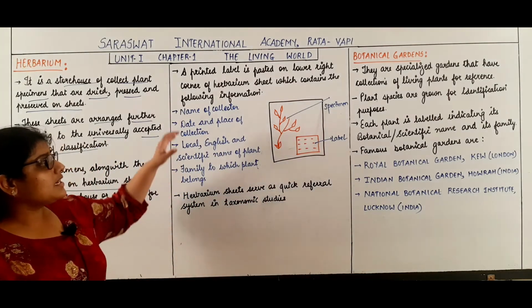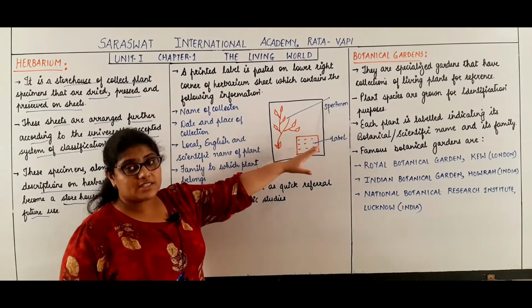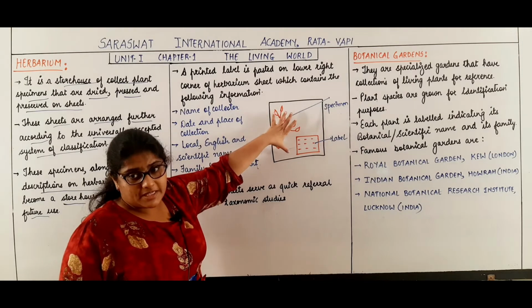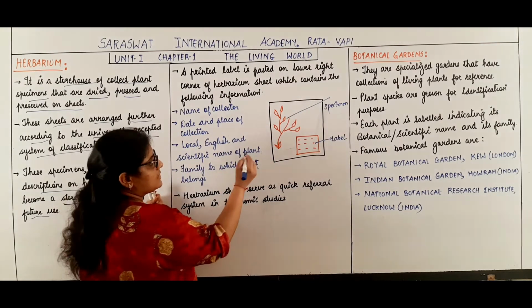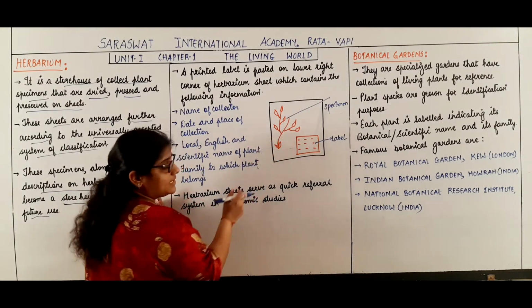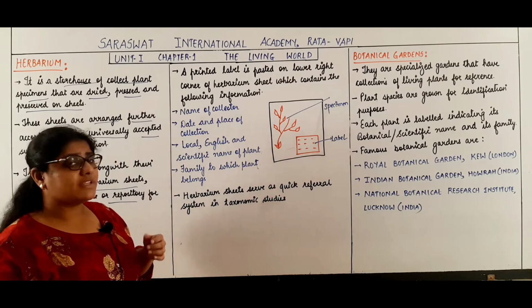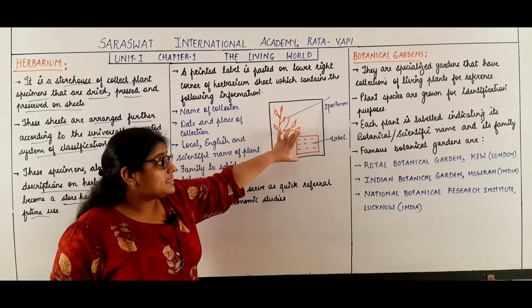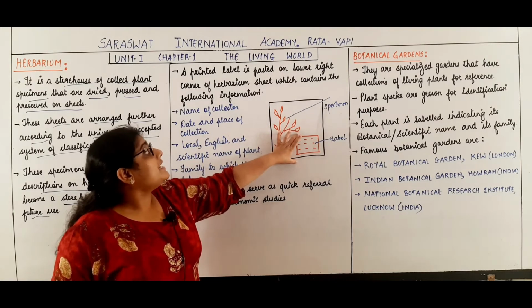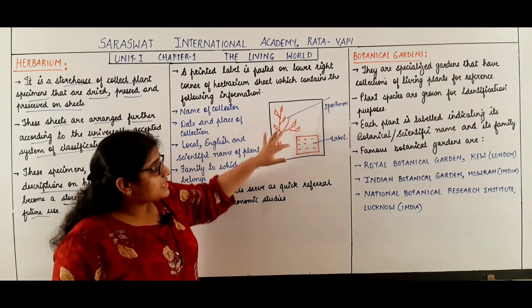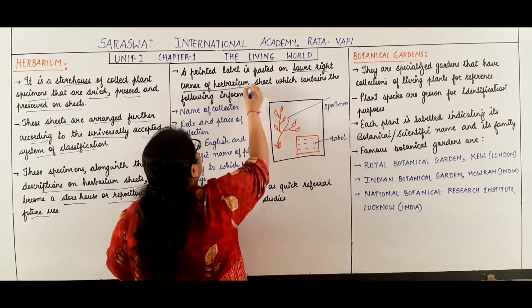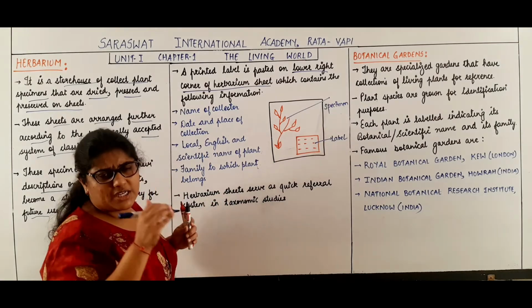Now students, this is a herbarium sheet which contains a plant specimen. How is the specimen attached to the sheet? With the help of glue or an adhesive. Now, this sheet has a printed label which is pasted on the lower right corner of the herbarium sheet.